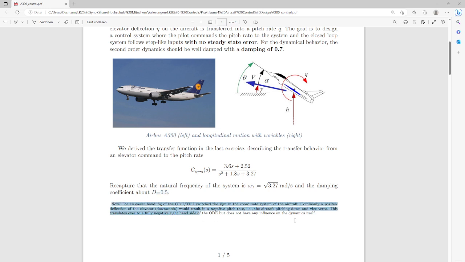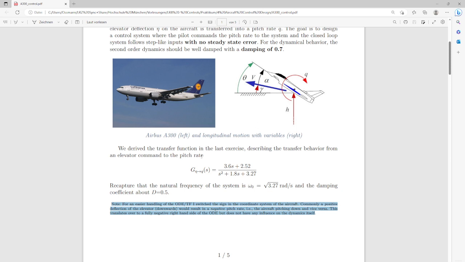One small note here, if you're also listening to flight controls, you may figure that if you go through the regular coordinate systems of flight mechanics, you actually need positive feedback, because to generate a pitch down command for an aircraft, you need a negative deflection of the elevator.